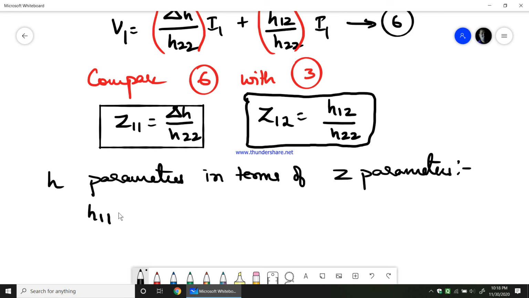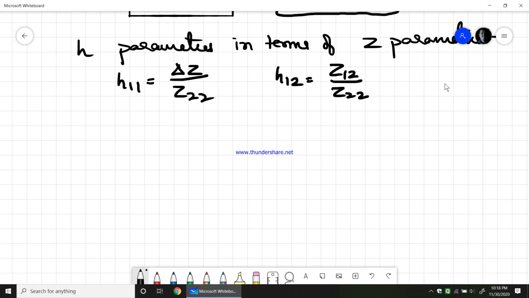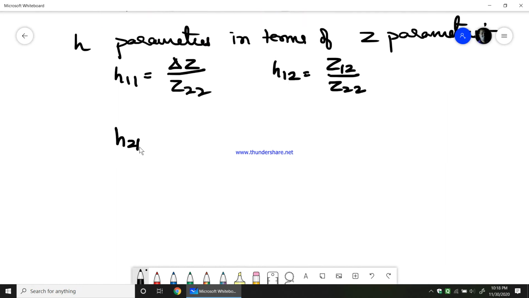Then you get H11 equal to delta Z by Z22, H12 equals Z12 by Z22, H21 you get minus Z21 by Z22, whereas H22 you get 1 over Z22. So this is the relation between Z parameters and H parameters.